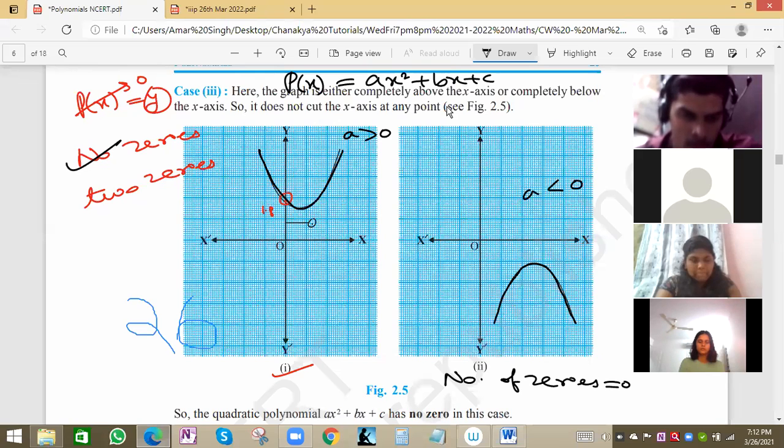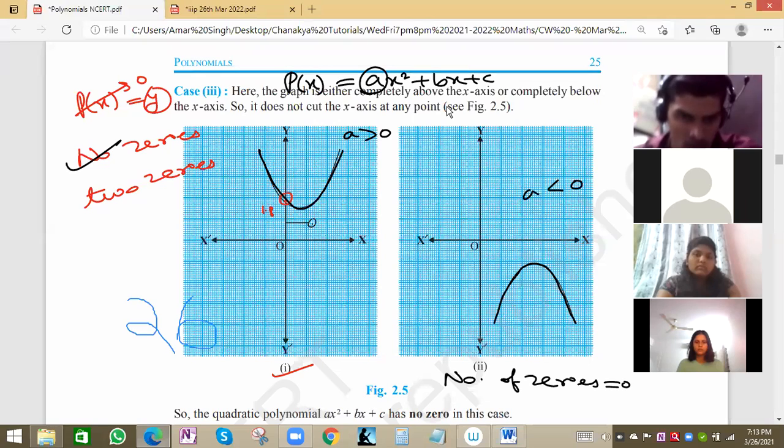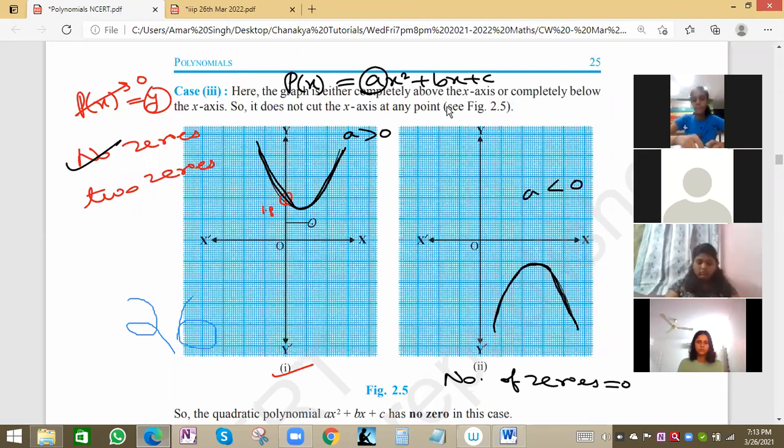As I have already told you, a decides whether the graph opens upward or downward. This is opening upward, so a will be positive. If the graph is opening downward, a will be negative. So the number of zeros for both cases will be 0.